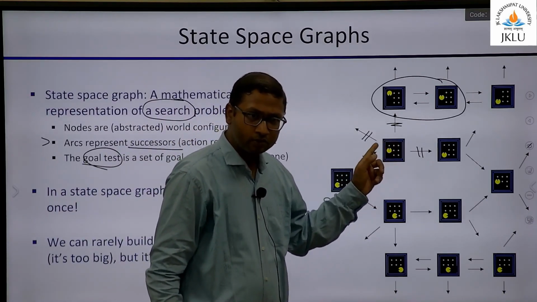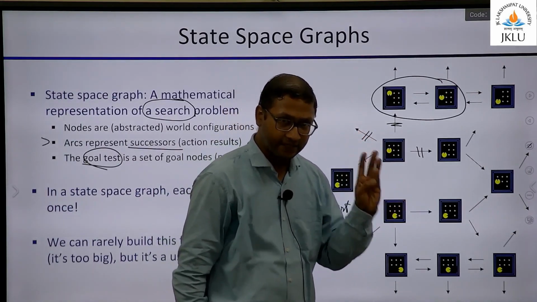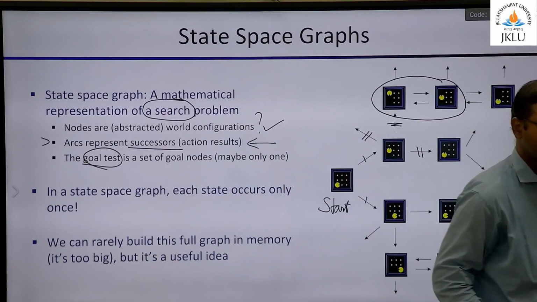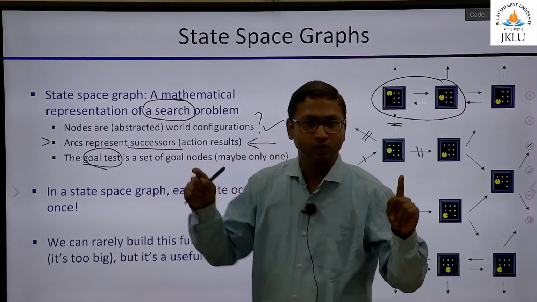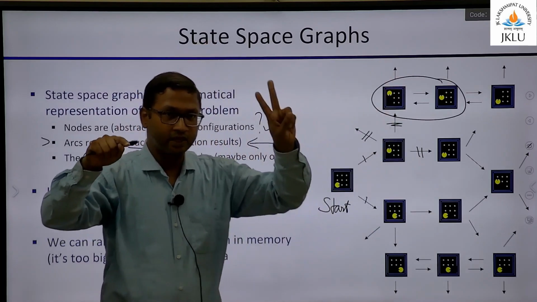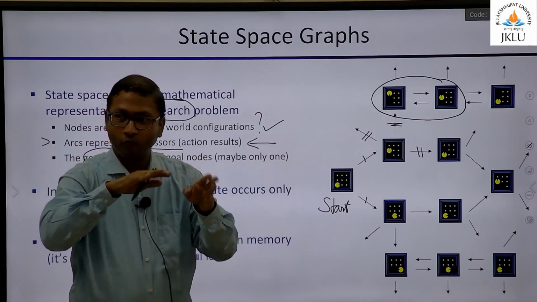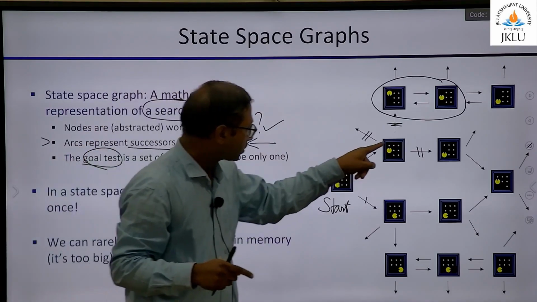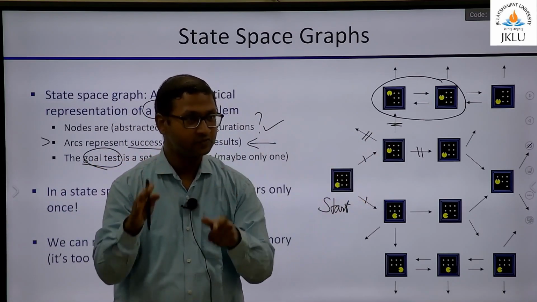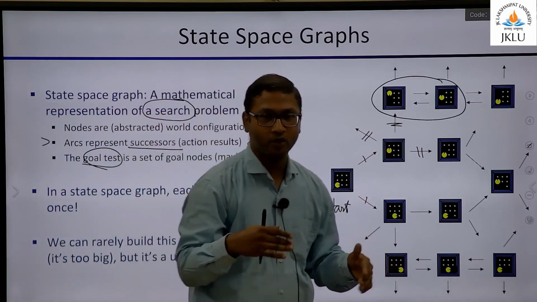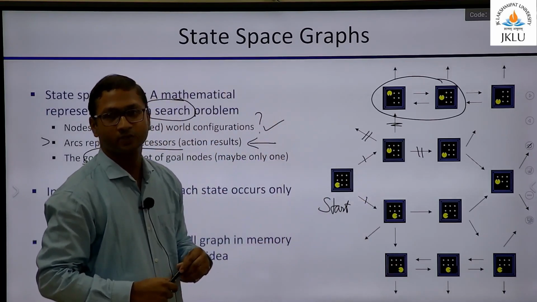So 4 into 2 plus 3 into 2 plus 4. 4 into 2, why? 4 corners, there I have only two things. So 8 plus 4 into 3 because of these sides, right? So that gives me 20 plus 4, that gives me 24 and not 36, if you are exactly counting the total number of possible configurations.